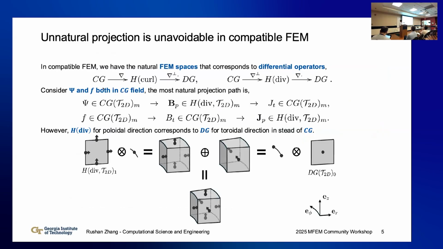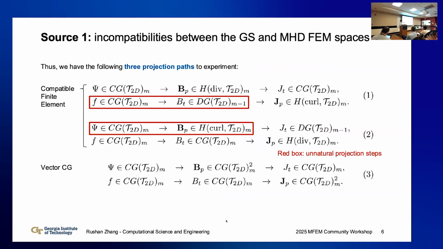However, we cannot really follow these natural finite element spaces in our experiment, because when we are solving the GS solutions, psi and f are both in CG fields, and if we follow the natural FEM spaces, we will get the toroidal direction in CG and the poloidal direction in H(div). These are not consistent with each other, because if we have H(div) for the poloidal direction, we will need the toroidal direction in DG instead of CG, as shown in the graph here.